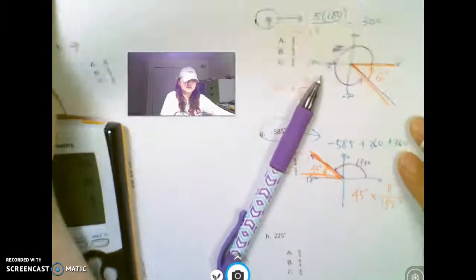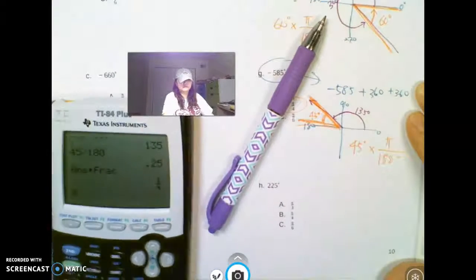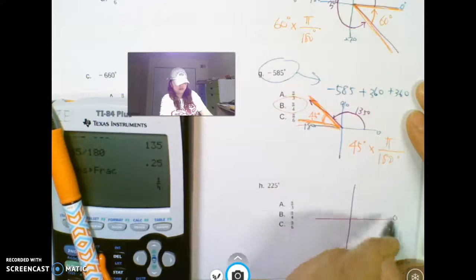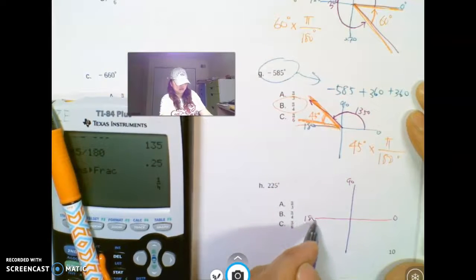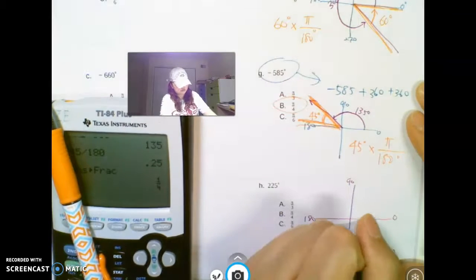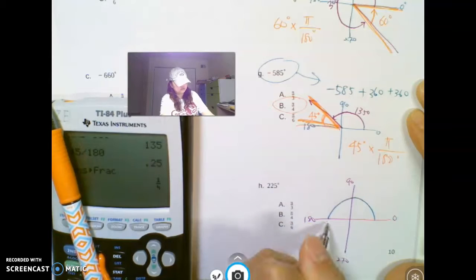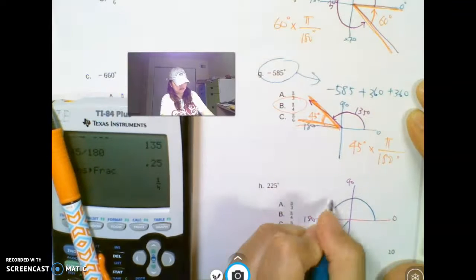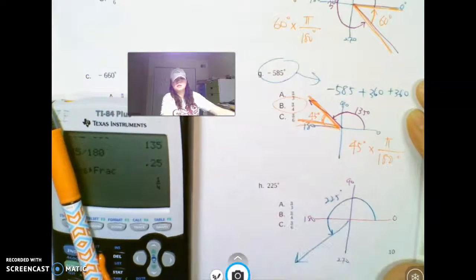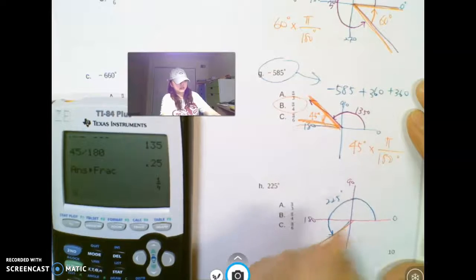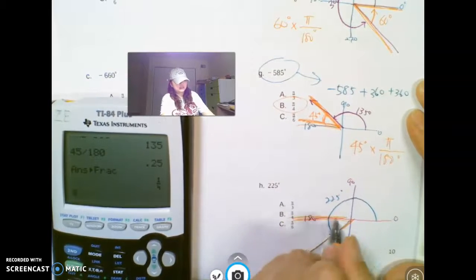Last one. 225. We can do 225. 0, 90, 180, 270. Start with 0, past 90, past 180, 225. I cannot pass 270, so it's somewhere right there. The reference angle is between the terminal side and the x-axis.